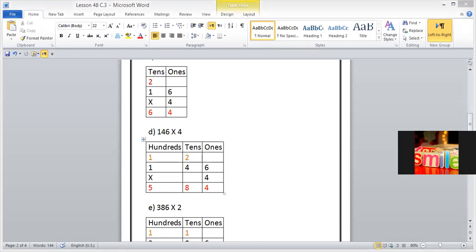Now 4 by 4 is 16, 16 plus 2 is 18, 8 here, 1 you regroup. 4 by 1 is 4, 4 plus 1 is 5.